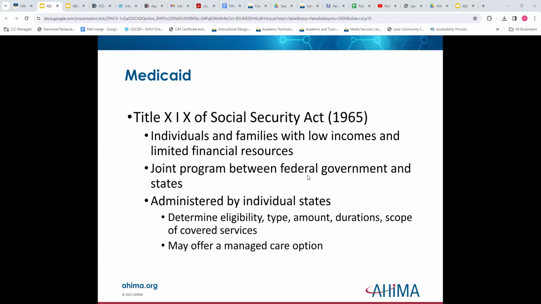So it's federal money that gets passed on to the individual states, and they can offer these different types of plans. Eligibility, coverage, co-pays, and covered services will vary from state to state. Some states also offer a Medicaid managed care option. For example, in Kaiser, California, they offer a Medi-Cal, as we like to call Medicaid in the state of California, managed care product.